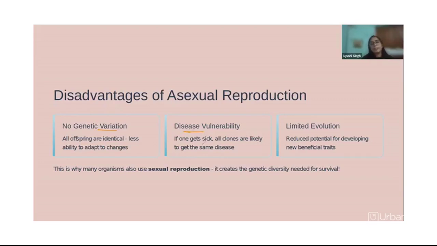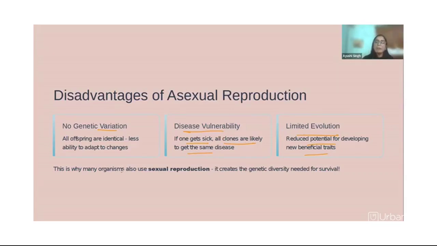Now, disease vulnerability. If one gets sick, all the clones are likely to get that disease because, again, there is no variation. They won't be resistant to that particular disease, and the offspring will also not be resistant to that particular disease. Limited evolution, again, there is no variation. So no beneficial traits will be generated again and again later.